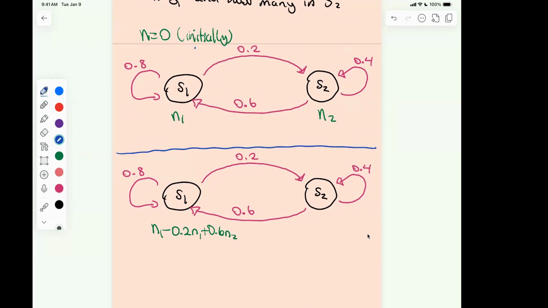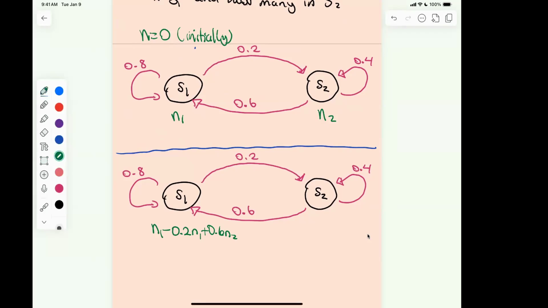Imagine that's why the graphs have a direction, because it's a flow of people or customers, right? So you're losing 20% of N1, but you're gaining 60% of N2, right? And what happens in the other one?